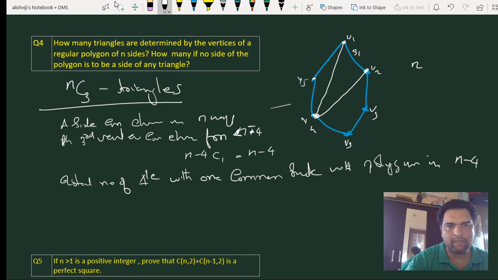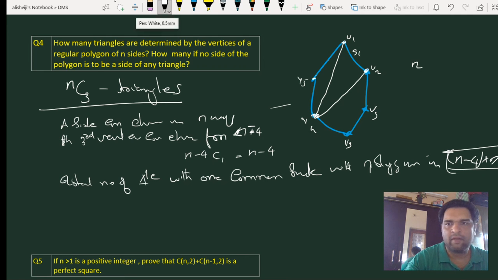This is the case of a particular side, and there are n different sides, so the total number of triangles is n minus 4 into n. That's the number of triangles which have one side common with the given polygon.